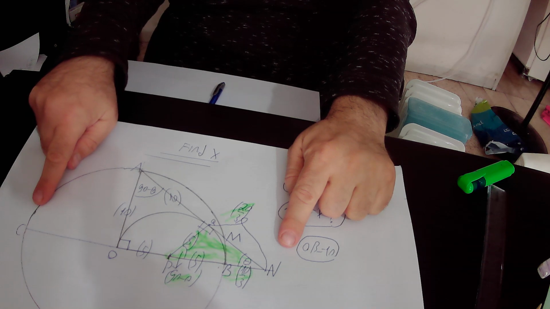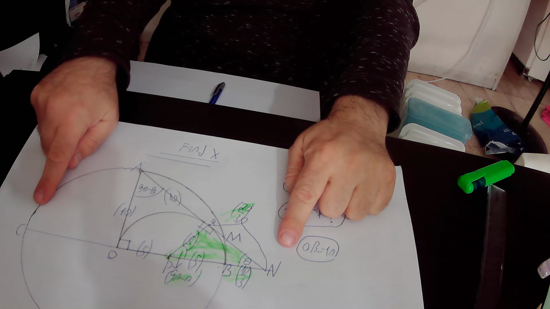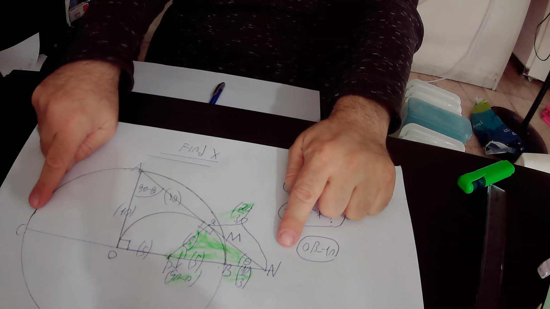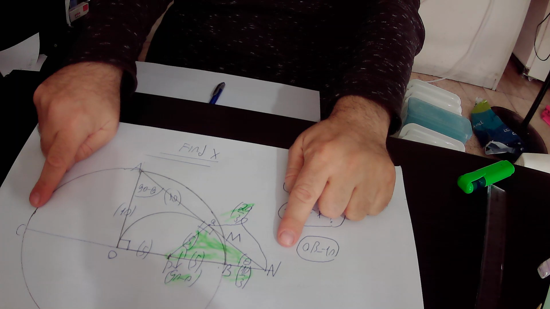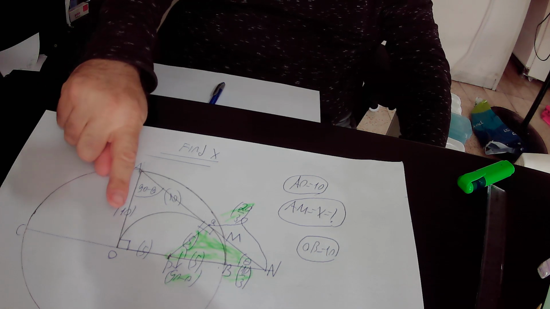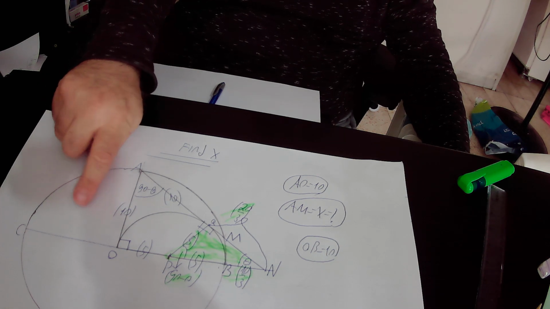What is the length of NC? NC and CN are the same. So CN equals CO plus OP plus PB plus BN. But before that, we have to find out the length of line segment CO.